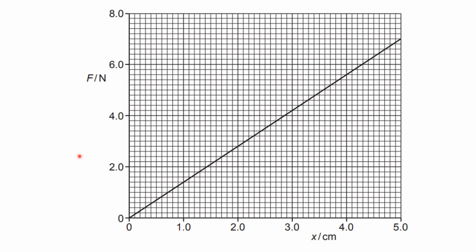To determine the gradient, let's select 5 centimeters of extension and see on the line the corresponding force, which is 7 newtons. Because the spring constant is in newtons per meter, this 5 centimeters is equal to 0.05 meters.